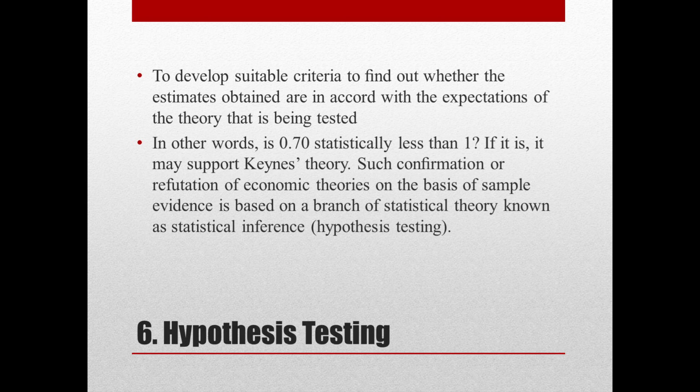With the help of this statistical inference or hypothesis testing, we can say whether this 0.70 is less than 1 or not. Such confirmation or refutation of economic theories on the basis of sample evidence is based on a branch of statistical theory known as statistical inference or hypothesis testing. So this is our sixth step where we are going to check whether our estimates are significant or not, right?